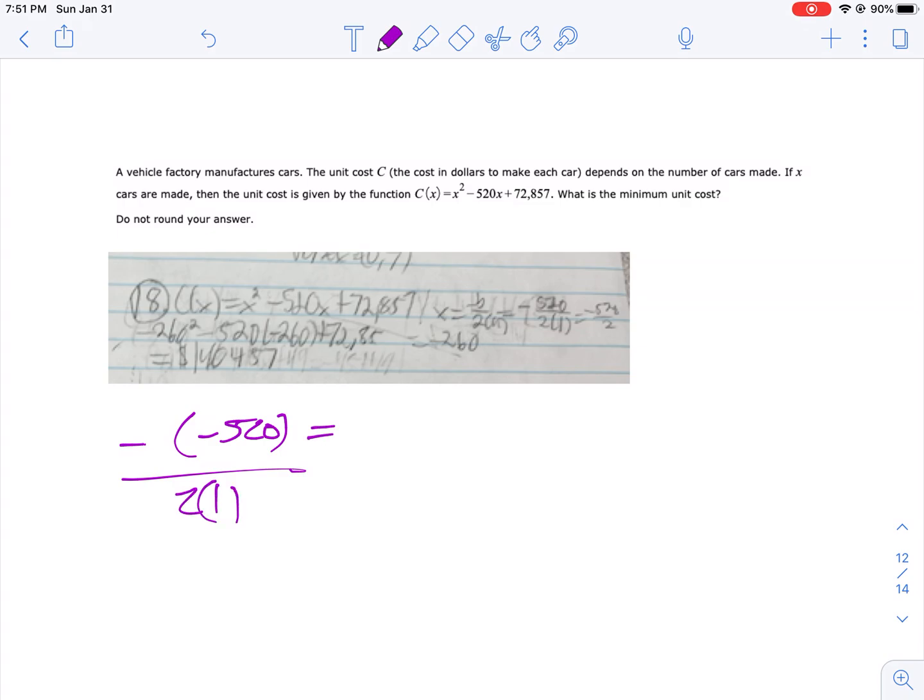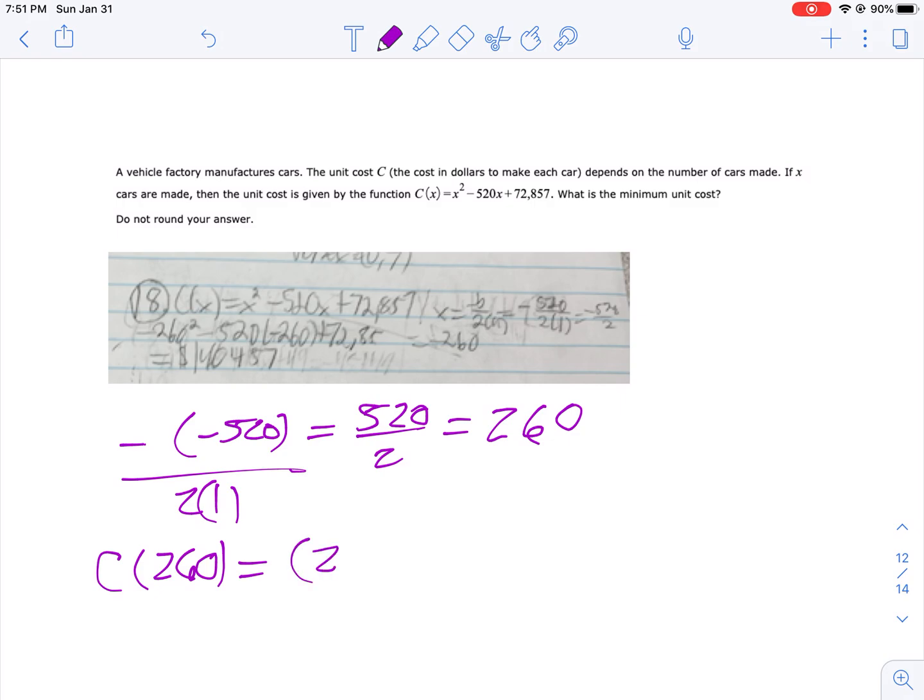So it should have been positive 520 divided by 2, which is 260. Then we're going to find C of 260, because we're not asking for the minimum number of machines made. We're going to find the minimum cost. So it should be, now you just have it a little backwards.